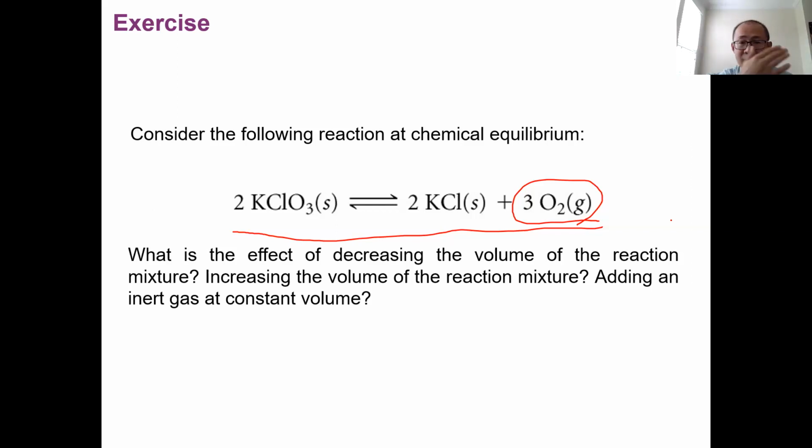Move to the left, because the left is solid. We use gas and a solid to produce another solid. So when you decrease the volume, the equilibrium will shift to the left to get rid of some of the gas, because the direction with fewer moles of gas is favored when the volume is smaller. And increase the volume, of course, the opposite direction.